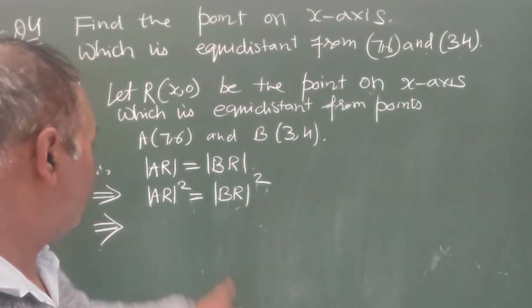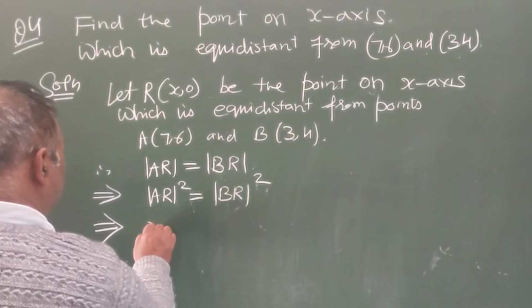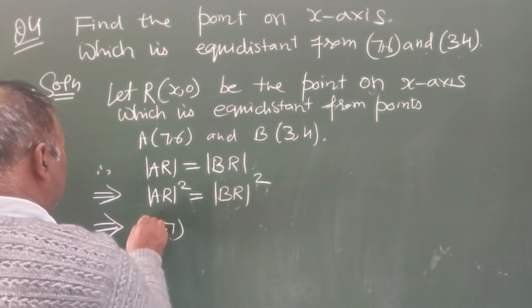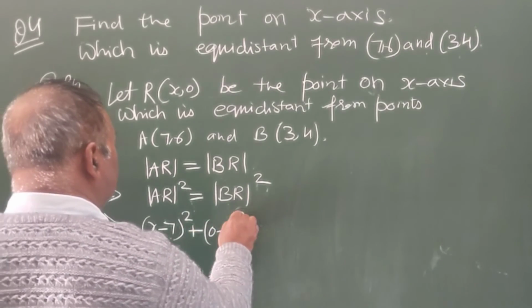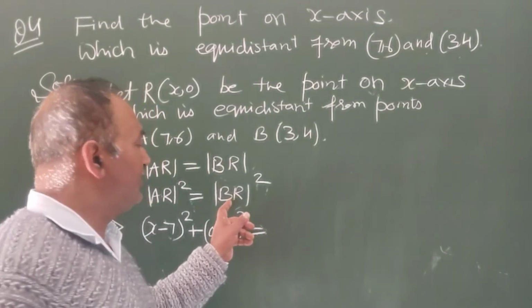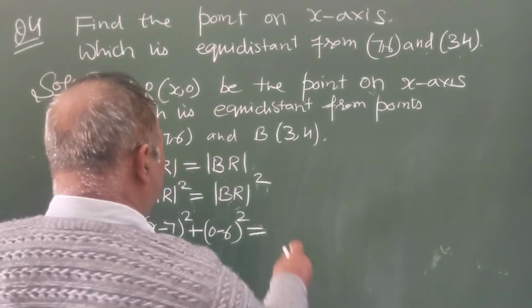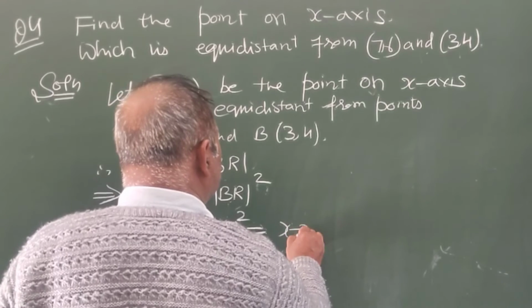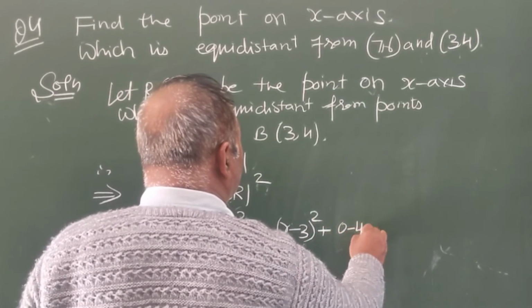We are squaring, so the square root disappears. (x minus 7) square plus (0 minus 6) square is equal to, similarly BR, (x minus 3) square plus (0 minus 4) square.